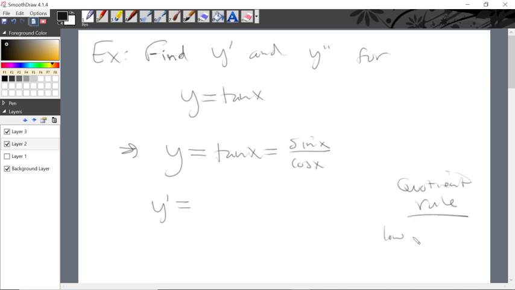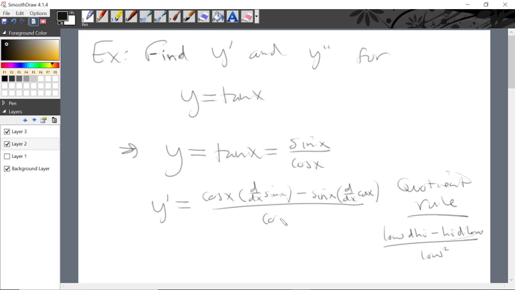The quotient rule is, we remember it as low d high minus high d low, and don't forget the square below, or low low. So we start with low, which is cosine x, times d high. I'll write it out here. We're taking the derivative of the sine of x, minus high, so that's sine of x, times derivative of low, so the derivative of cosine x. And all of that over the denominator squared, so cosine squared of x.